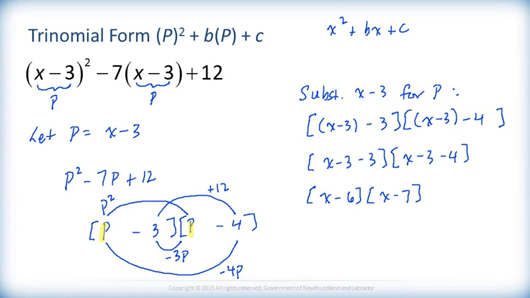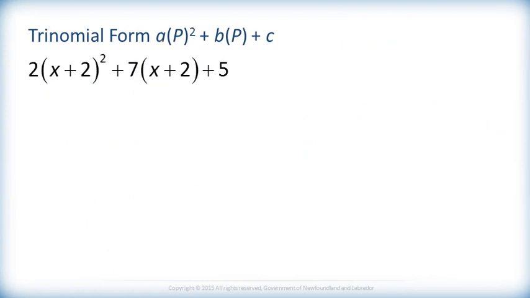Our next example is a similar format, but notice there's an a value involved here now, so it's not just a 1 out here, it's a 2 in this case. So similarly to our last example, p is used to replace the x plus 2, and we now rewrite.